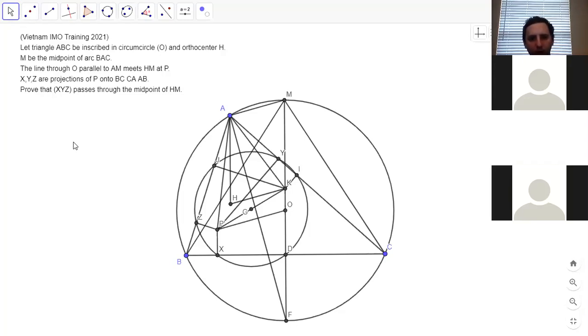Well, actually, I think no, because by defining P prime this way, we don't know that OP prime is perpendicular to AF. Because in the original point P, we have AM parallel to OP prime. But once we show that P prime, H, and M are collinear, then by the isogonal line lemma, it follows that P prime O is parallel to AM.